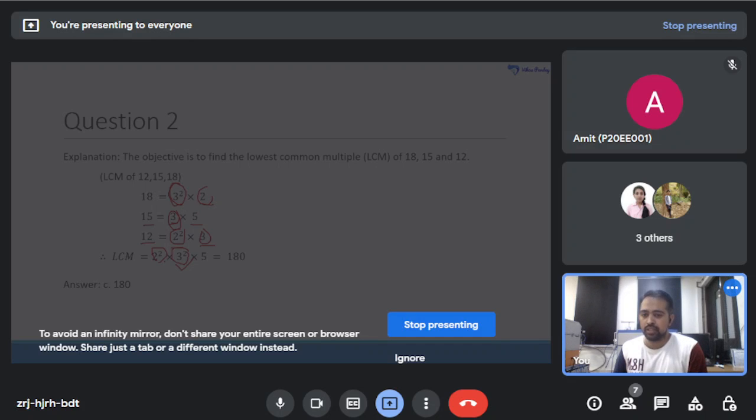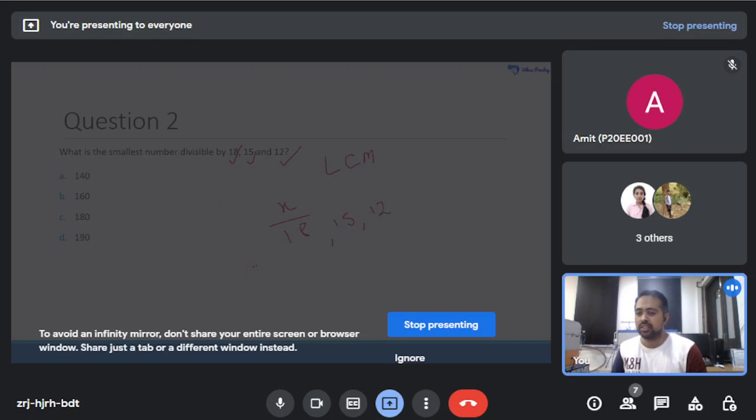We take the highest power of each: 3 square, 2 square, and 5 square. If we multiply all of this, we get 900, which is the answer.